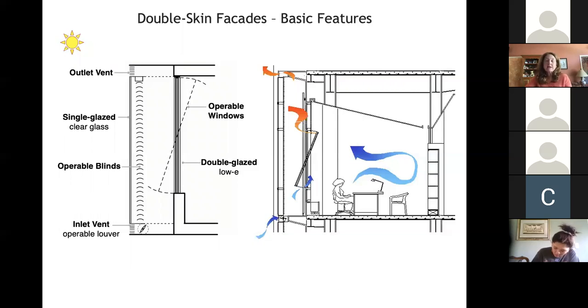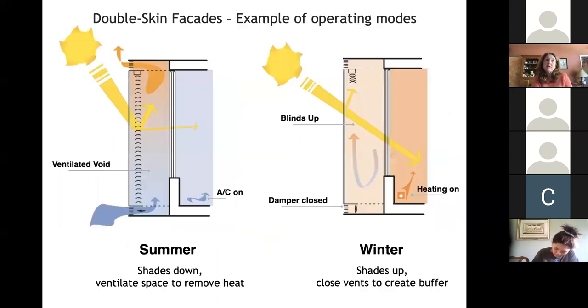Now, there's lots of different ways these double skin facades can be designed. That facade can just be capped on every floor, or it can be much taller, and so the plenum actually has a much taller stack effect. But the key thing about these double skin facades is that they can be operated in a number of different modes.